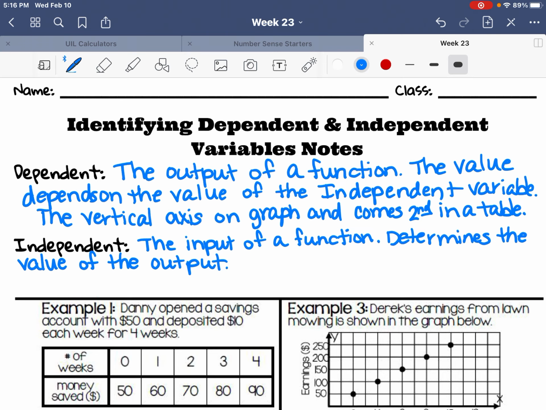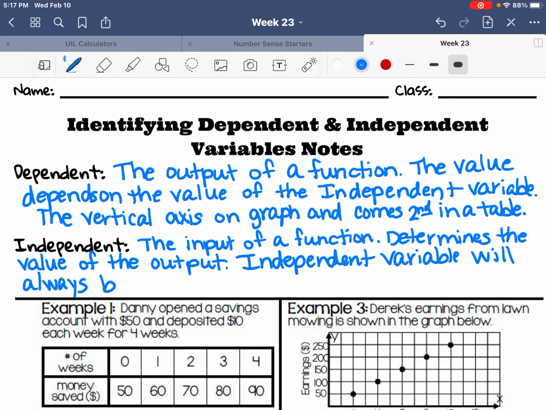The independent variable will always be the horizontal axis on a graph and comes first in a table.